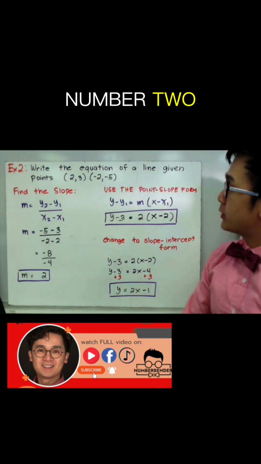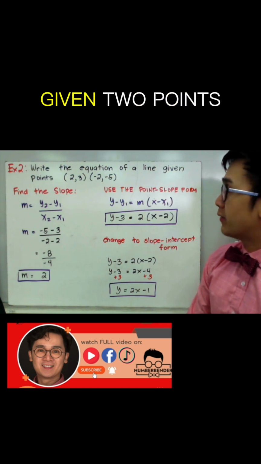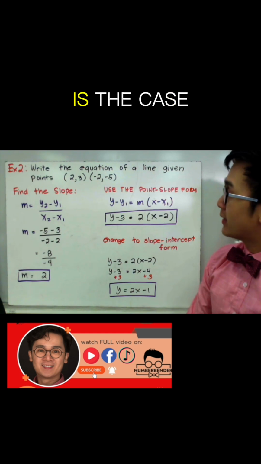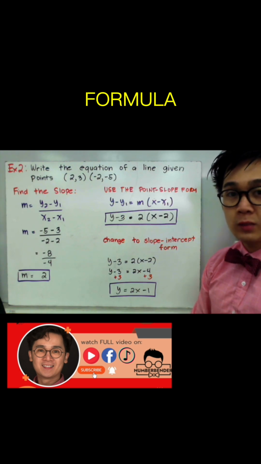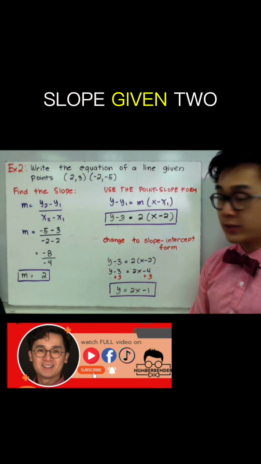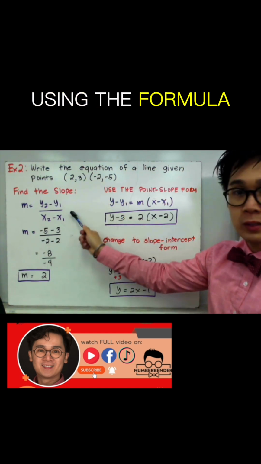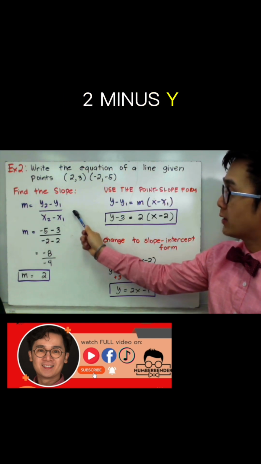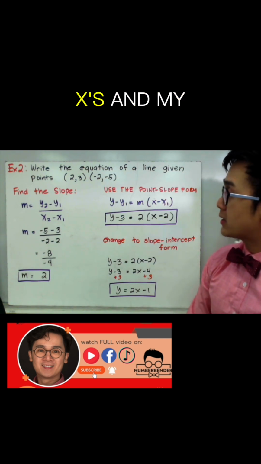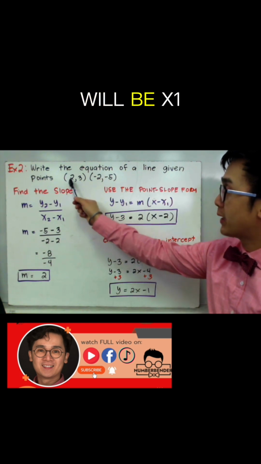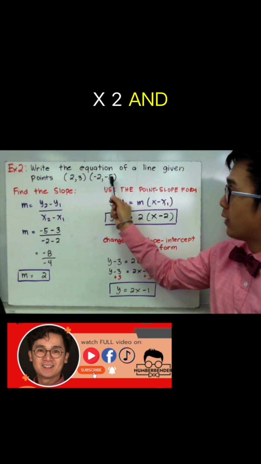Now, for example number 2, we need to write the equation of a line, but this time we are only given 2 points. If this is the case, what we need to do is to find our slope using the formula for finding the slope given 2 points. So if I have point 1 and point 2, using the slope formula y sub 2 minus y sub 1 all over x sub 2 minus x sub 1, I label my first point as x1 and y1, and my second point as x2 and y2.